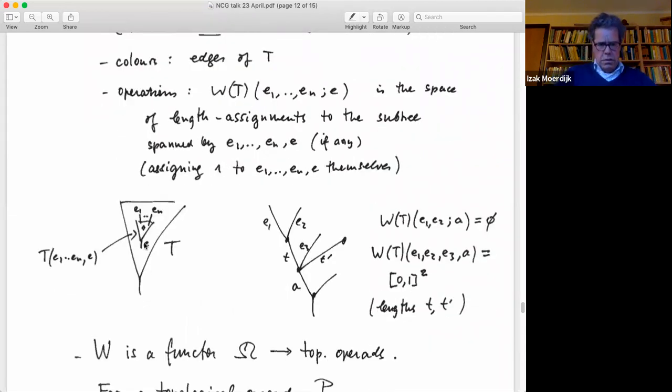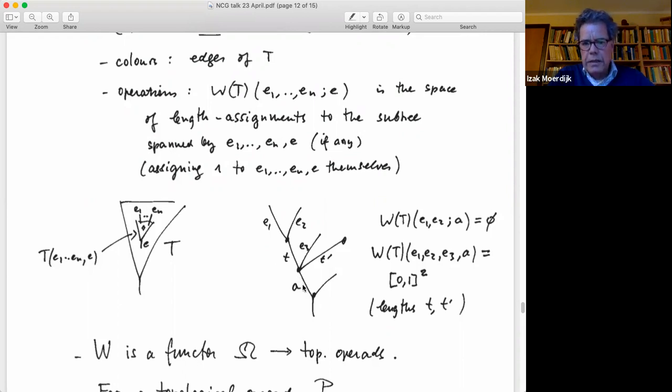So if E1 up to En and E are positioned like this so that you can draw a tree, then this is the space of length assignments to the inner edges of that tree. So here's an example. This is again the same tree that I've been drawing all the time.